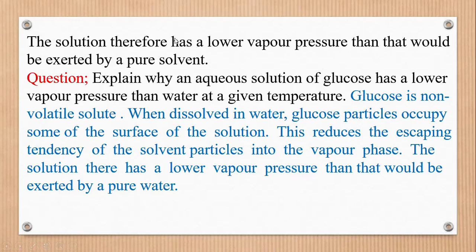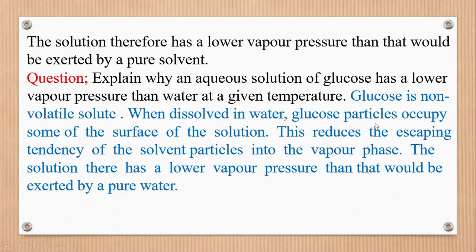The explanation is just the same as what we have said above, because when water forms a solution with glucose, glucose being a non-volatile solute will always block, that is, it prevents the escaping tendency of the water into the vapor phase.